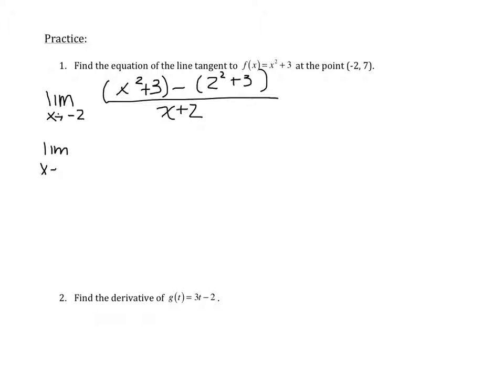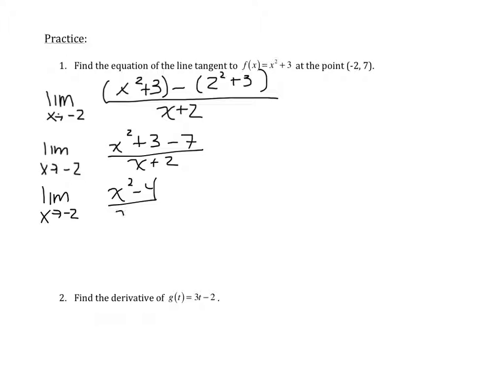When we do the algebra for that, we get x squared plus 3 minus 7 all over x plus 2. And then when we simplify, we get x squared minus 4 over quantity x plus 2.